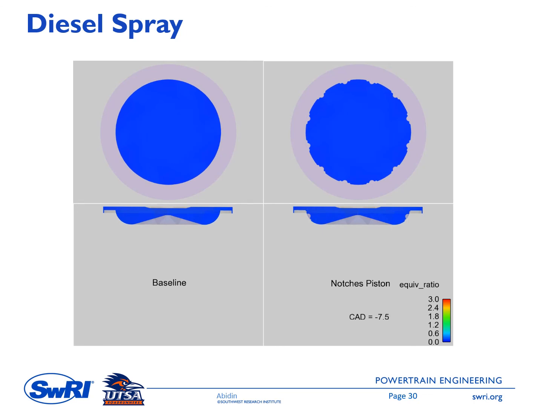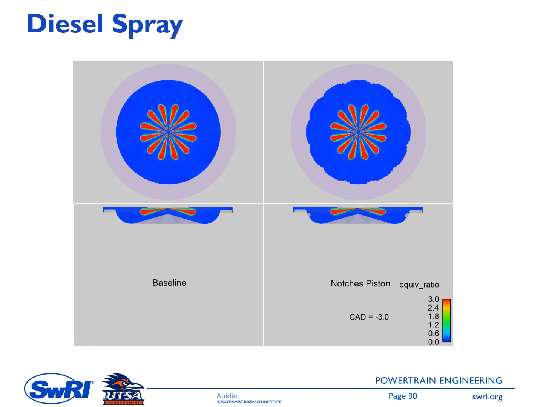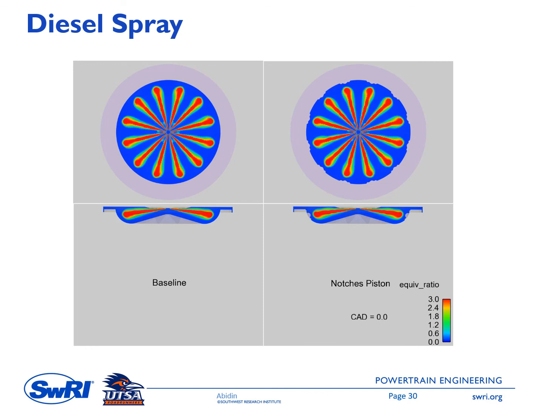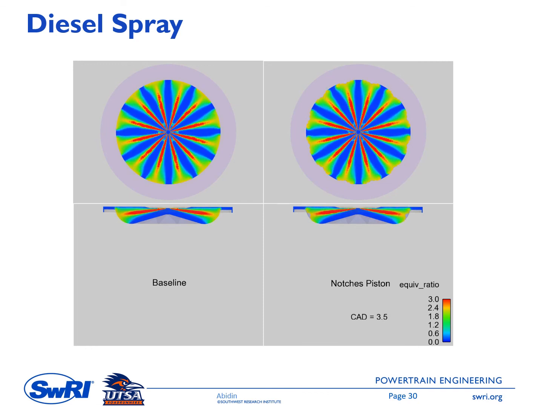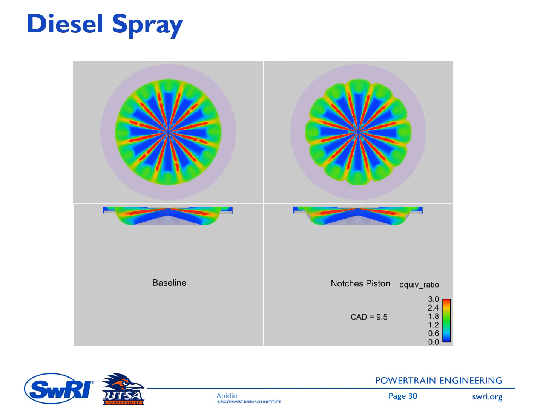On the top row here is the top view. You start seeing the 12 sprays with a very red color inside the spray and blue surrounding the spray, and then the spray hits the piston and is deflected up and down, and the combustion will occur in the zone where the equivalence ratio is 1.